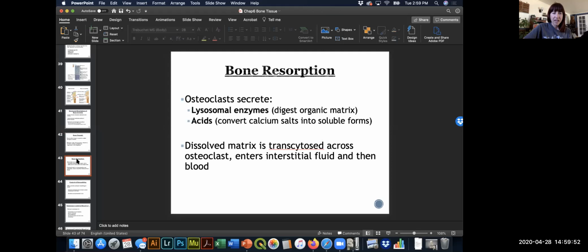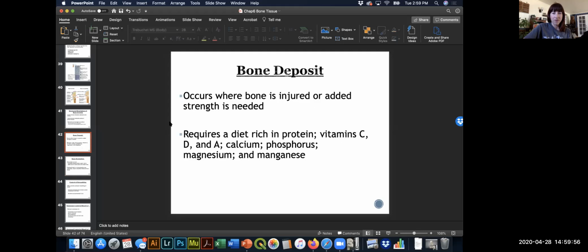And then the other factor that affects bone remodeling is Wolff's Law, right? Wolff's Law says that if you apply mechanical stress to a particular area of a bone, that's going to activate the osteoblasts in that area of the bone to add more bony tissue to make that bone thicker and stronger, right?